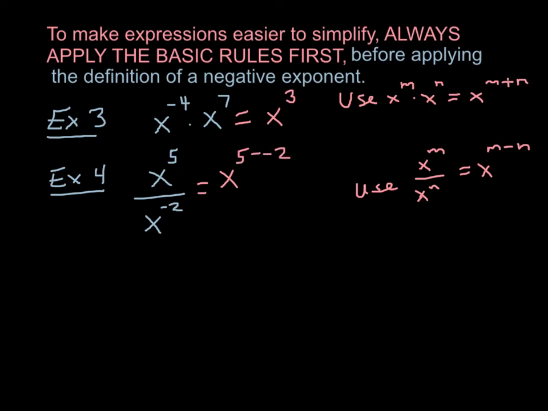I have to subtract the exponents, and that negative sign down here is belonging to that negative 2. It is not the subtraction operation that I'm using. So I'm going to get x to the 7th. And once again, the whole negative exponent situation did not need to be handled because the basic rules of exponents, the rules that you see out here to the side, these rules that we've used before, were applied first.